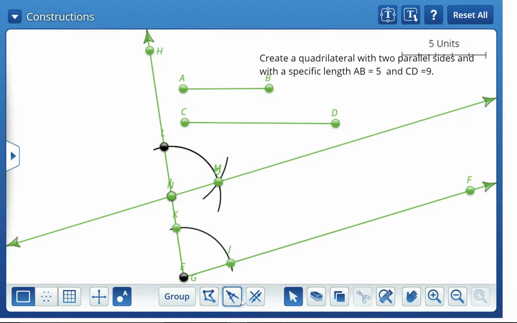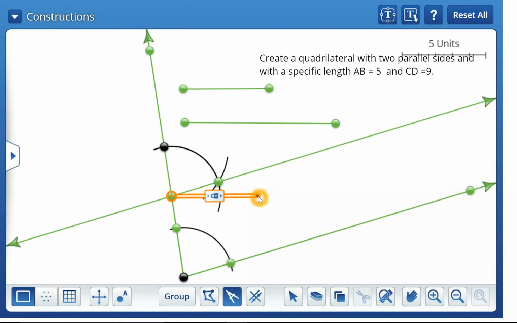By using our compass tool, we're going to place the compass on one of the segments of the original ones, open it up to the other end, place it on top, close it, move it. In this case, I'm going to make the smaller one be on top.